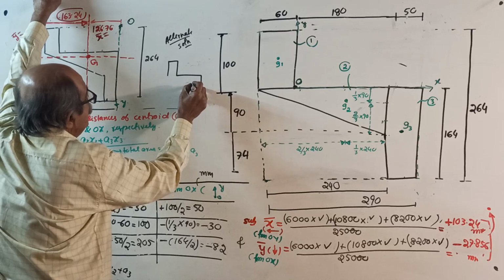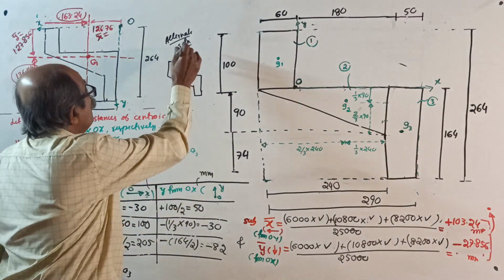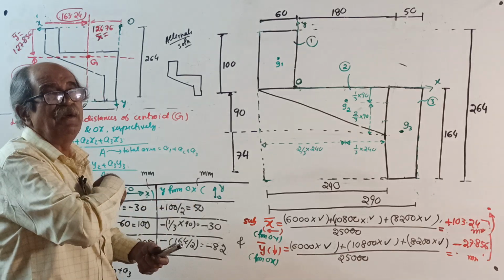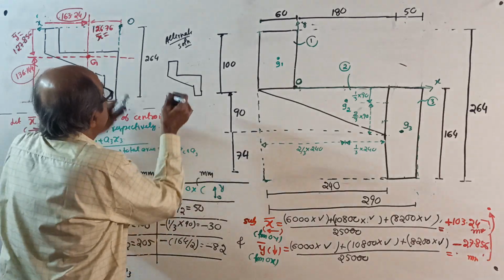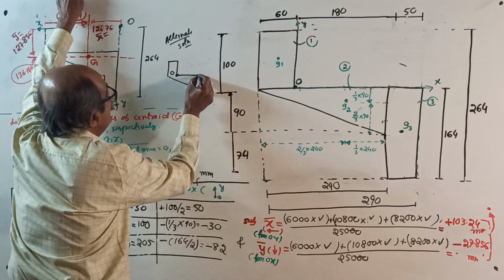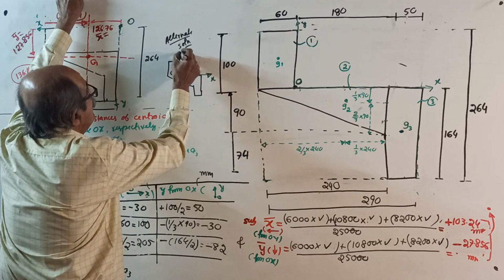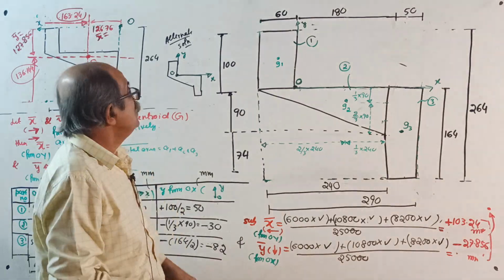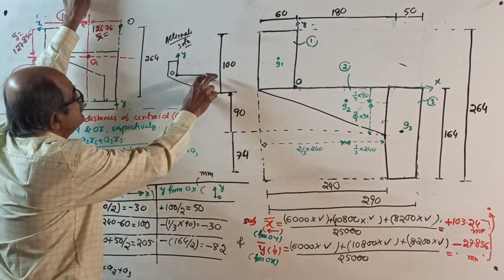Imagine someone tells you to locate the centroid for the given lamina with respect to OX and OY. Suppose he gives O here, then he will tell this is your OX, this is your OY. If he tells that way, still you can do one thing. You can take extreme edge reference and then subtract these distances and get it.